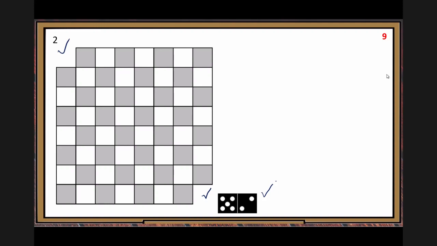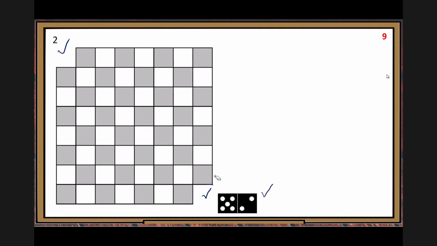You cannot cover it in this way. You have to put all the domino cards within the bound of this chessboard. Can you get a perfect coverage?